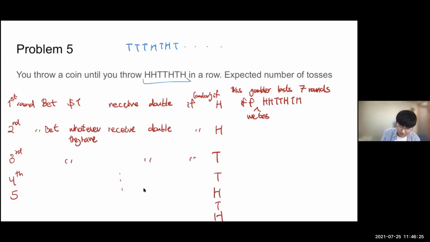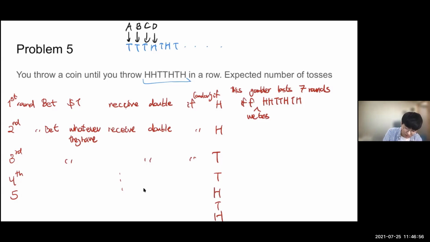that before each throw, a gambler joins. So before the first throw, a gambler joins. Let's say this gambler is A, then A will join, bet $1, and see that you've thrown a tail, and then they will lose all of their money. And then B will join here, and they will lose all of their money. And C will join here, and they will lose all of their money as well.